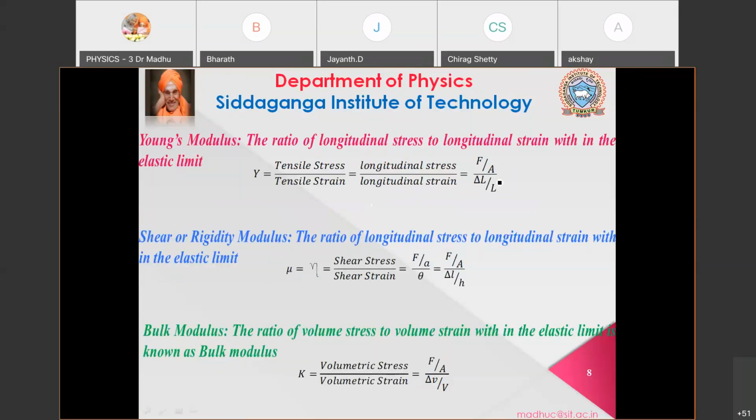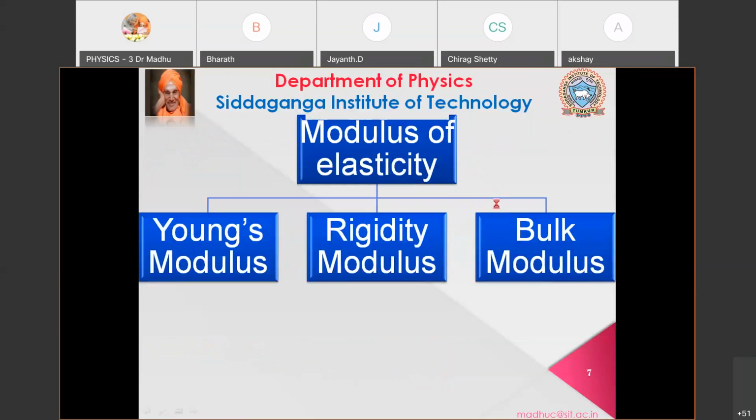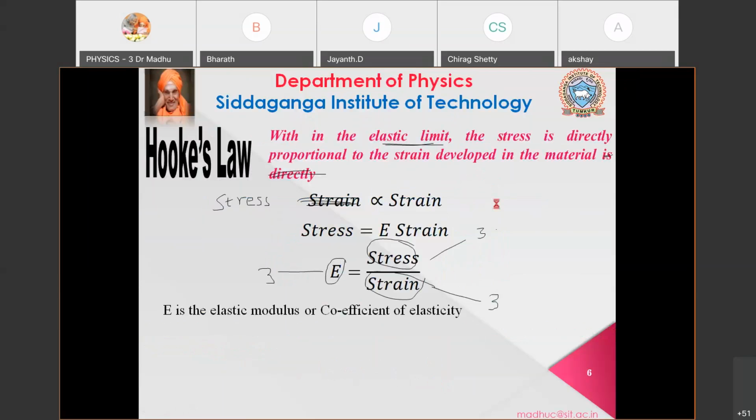We already know what longitudinal stress is. Longitudinal stress is force by area, and longitudinal strain is the change in length by original length. This is what we did in the previous class.